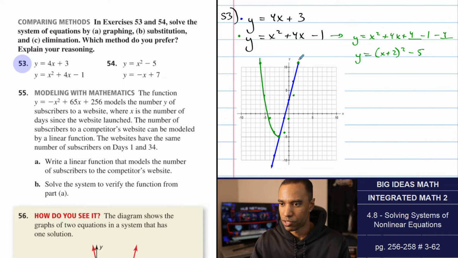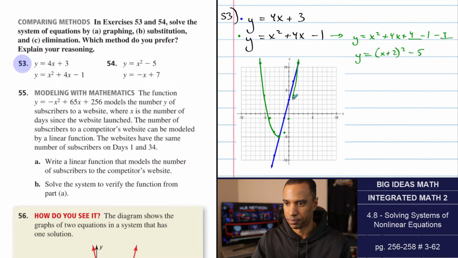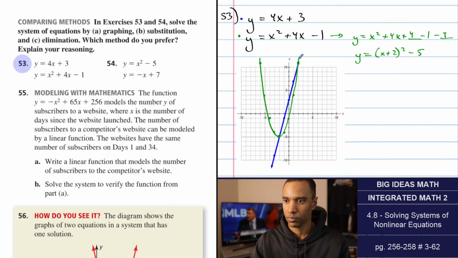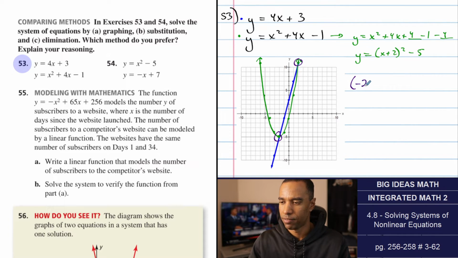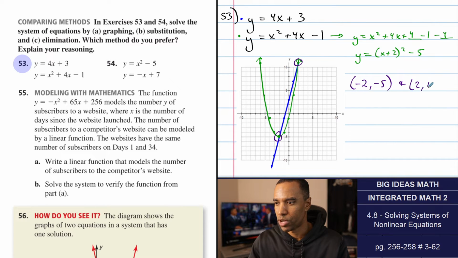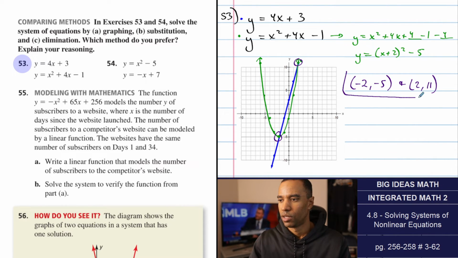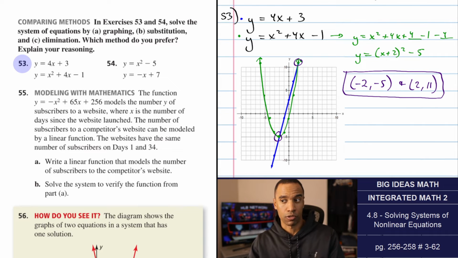It's the vertex of this guy, and then it hits up there. So that is (-2, -5), the vertex, and I think (2, 11). I'll double check that by solving using the other 2 methods.